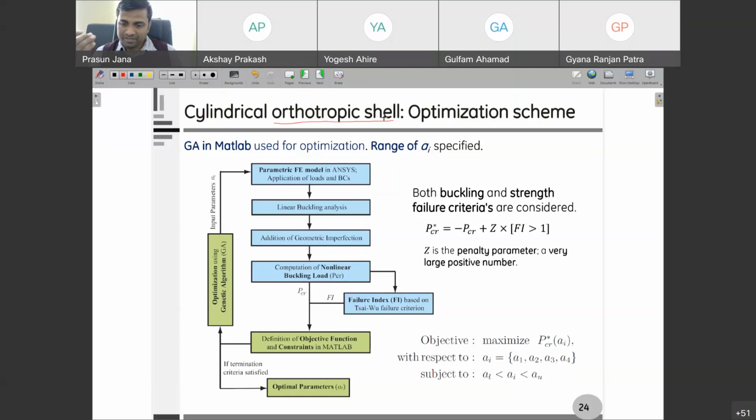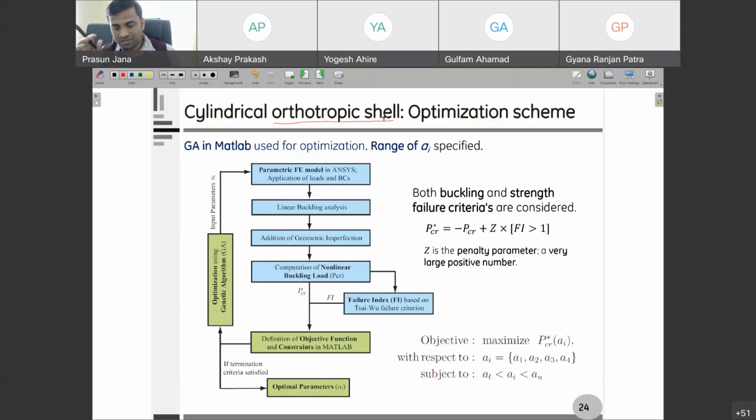But it may happen that you increase the buckling strength by changing the profile of the cylinder, but it may become weak in the strength criteria, so it may fail due to material failure. That's why you have to take both into account.